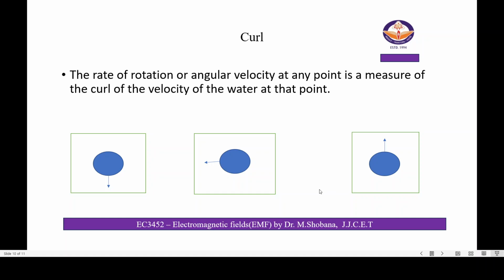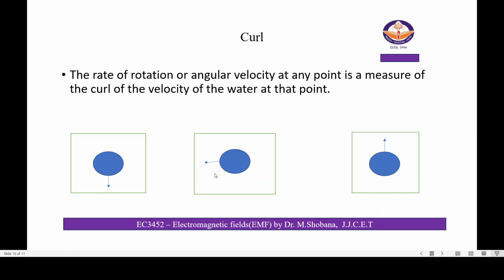Now, if we want to take another example for curl, suppose we consider a pond and immerse a disk. You can see that there will be a whirling motion of the disk in the pond. The disk tries to rotate in the anti-clockwise direction, as I have indicated here, and the arrow points downwards.